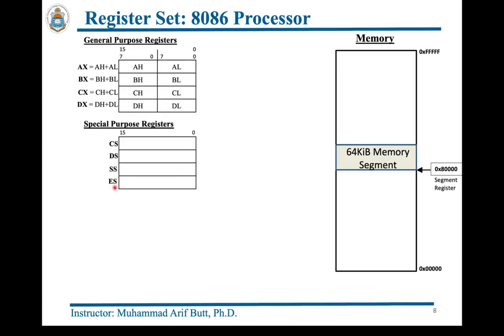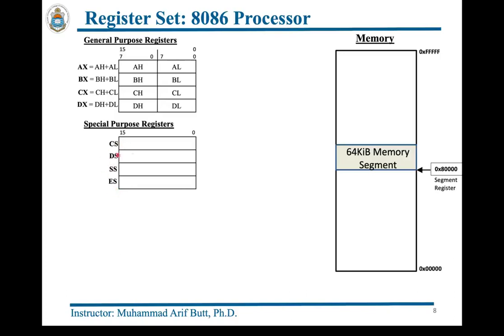ES, extra segment register, is an additional data segment that stores the starting address of the extra segment. Other than the data segment, this extra segment is used for data as well as for pointers, and this is mostly used by some of the string instructions to hold the destination data.